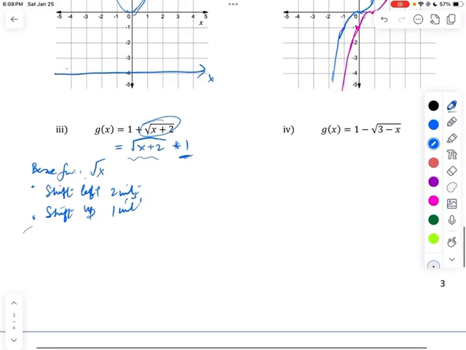So first thing you have to notice is that it is being shifted to the left and it is being shifted up. The square root function, you remember, has the domain from 0 to infinity, but it also has the range from 0 to infinity. So we will not get negative numbers. So we can leave less space at the bottom below the x-axis, and more space on the top, and again less space on the right, because the plus 2 is going to shift the graph to the left, so we need more space to the left.